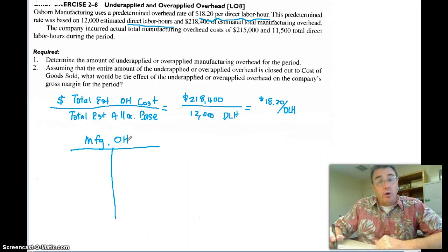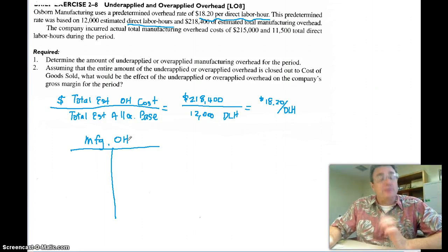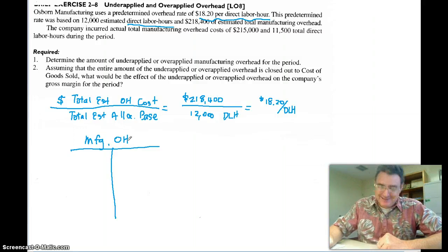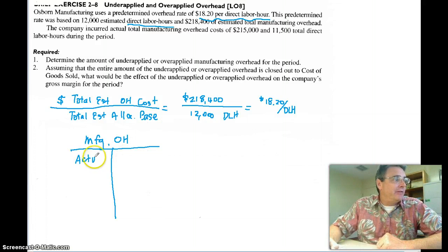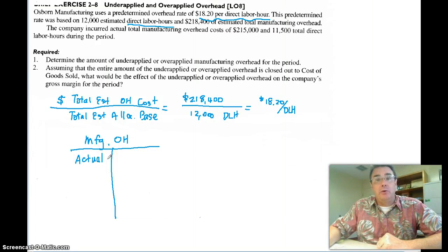And you remember what always goes on the left-hand side of the manufacturing overhead account? You may say that's where the debits go, Brother Nemro. That's very good. Debits do go on the left, but what does it mean in terms of manufacturing overhead? That means we're looking for actual manufacturing overhead to be recorded on the left side, the debit side.